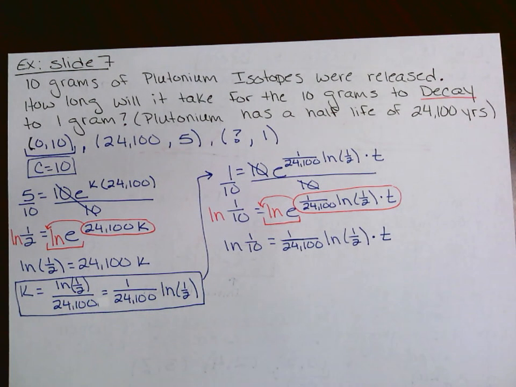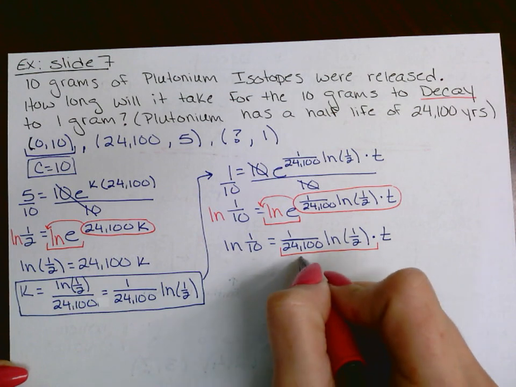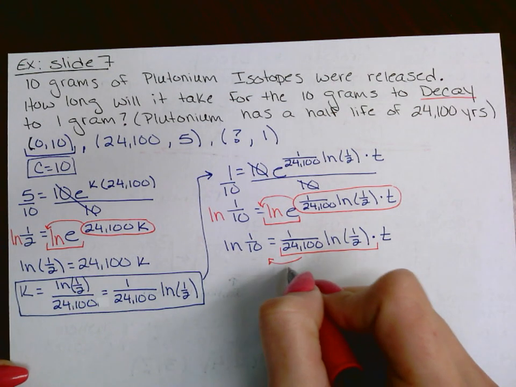All right. Now, don't be afraid of this last answer looking kind of ugly. To get T by itself, I need to divide this entire coefficient over to the other side, okay?